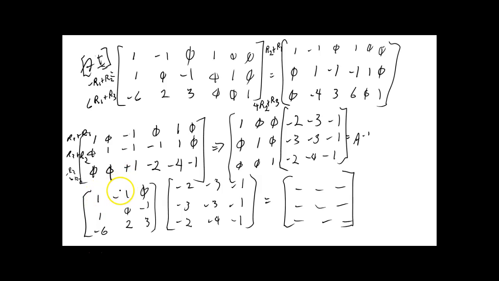-2 plus 3, that would be a +1. And then a 0, that'll be a +1. All right, good. Next entry is a 1,2 entry. First row, second column, -3 plus 3, 0. Next entry is the 1,3 entry. First row, third column, -1 plus 1, 0.